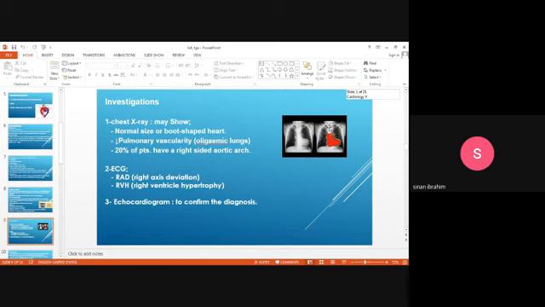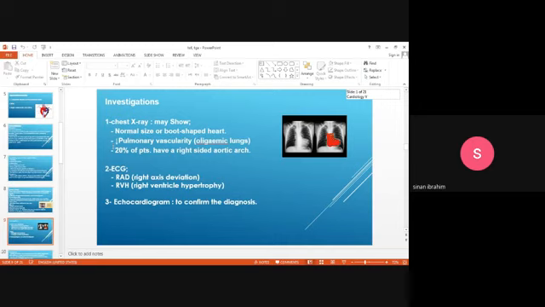You see the picture on the right side, how the heart takes the shape of a boot because of the right ventricular hypertrophy and the changed position of the aorta. So there is a straight border of the upper part of the mediastinum, including the heart, and there is right ventricular hypertrophy, making the heart take the boot shape.